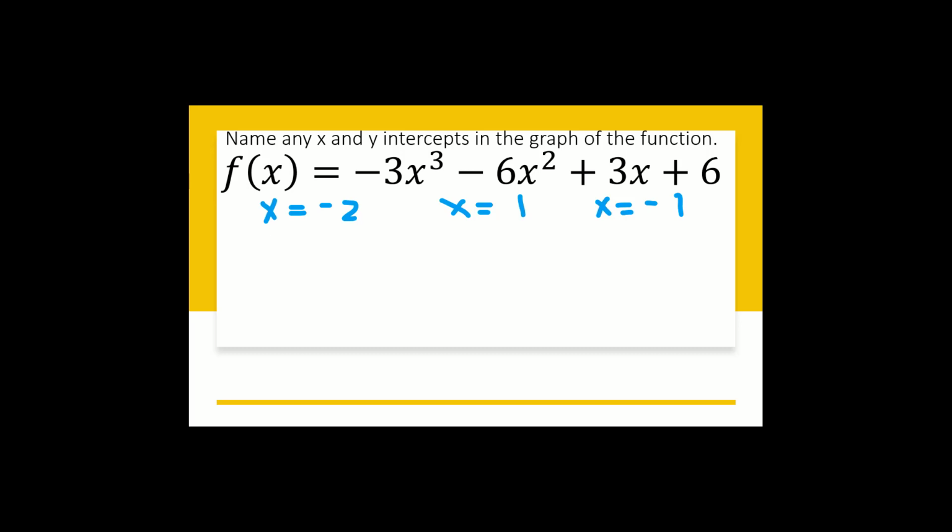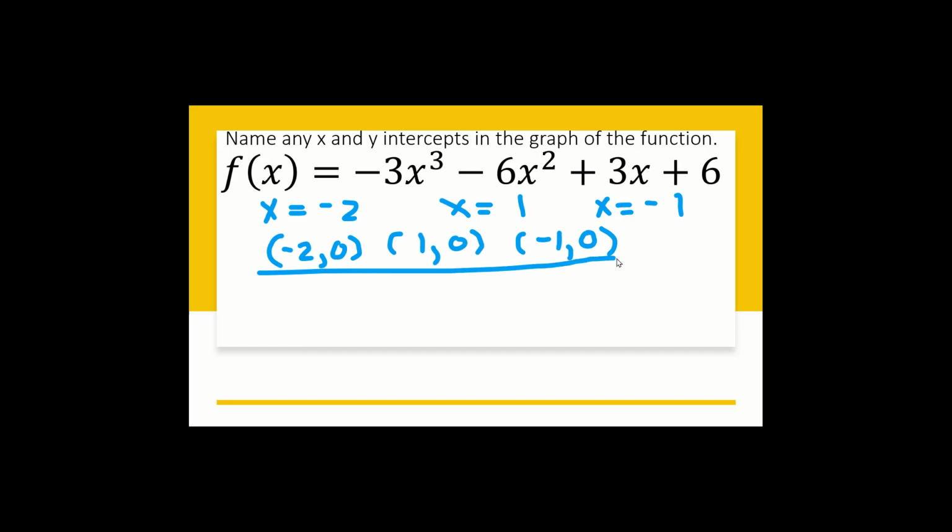So what that means is we have our x coordinate, and our y coordinate is going to be 0. We also have 1, 0. So we have 3 places that it's going to cross or touch the x-axis. And then we have negative 1, 0. Those are 3 points on our graph. So write that down. We're going to need that in a little bit. Hold on to that.